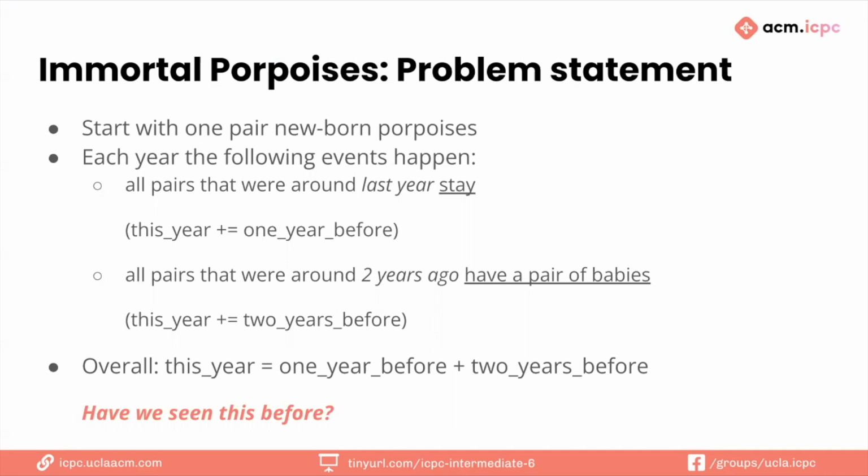There is this pattern, and we can summarize it by saying that the number of porpoises this year is the sum of the number of porpoises 1 year before plus the number of porpoises 2 years before. So can someone tell me which sequence has a similar pattern, where the current number is the sum of two previous numbers?